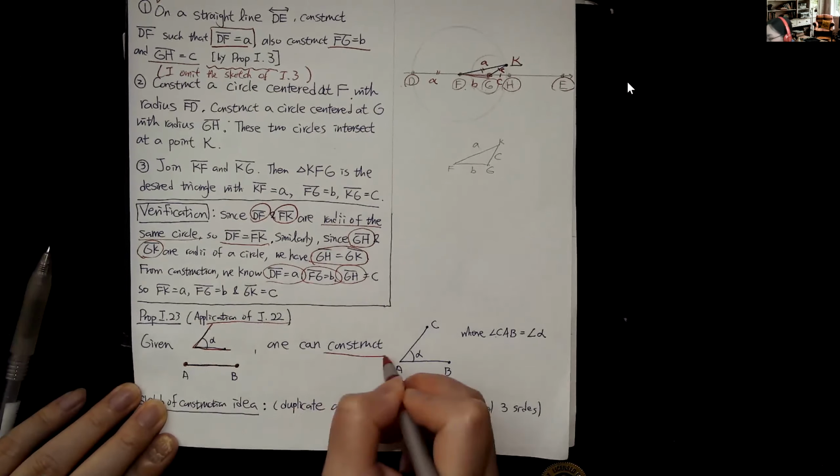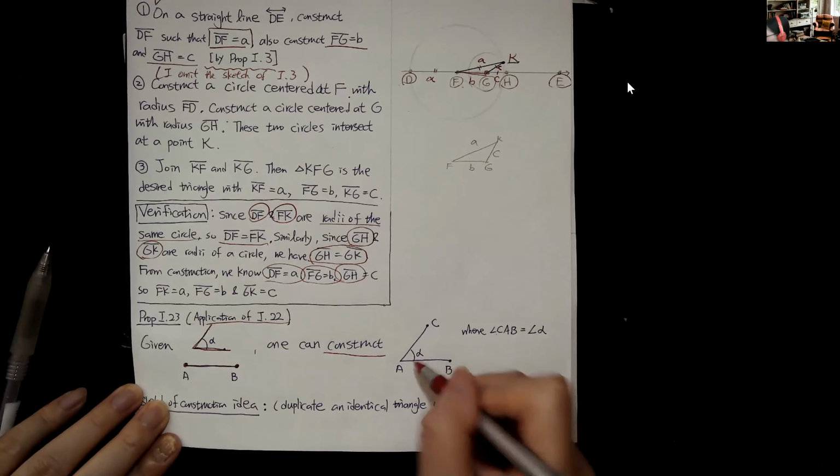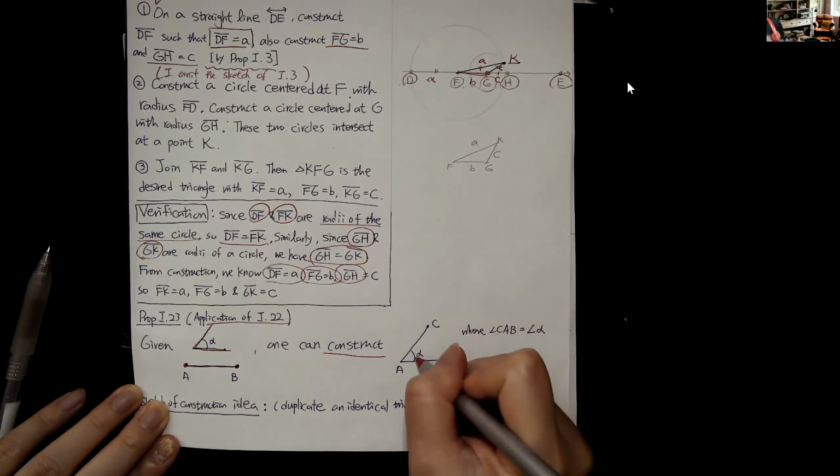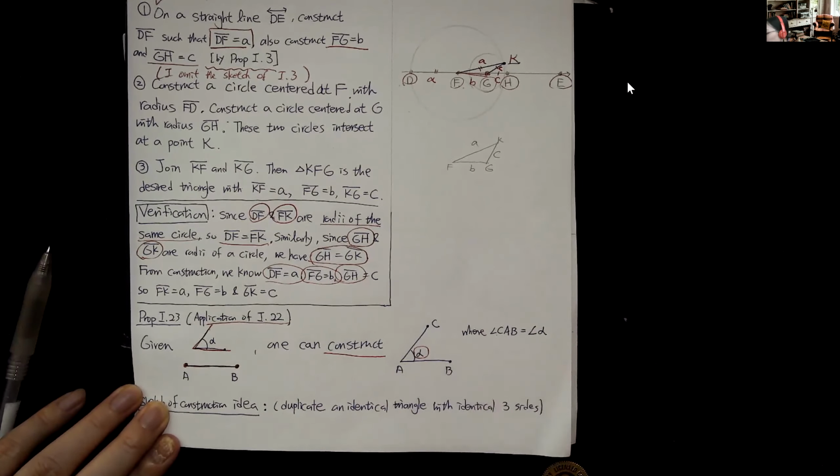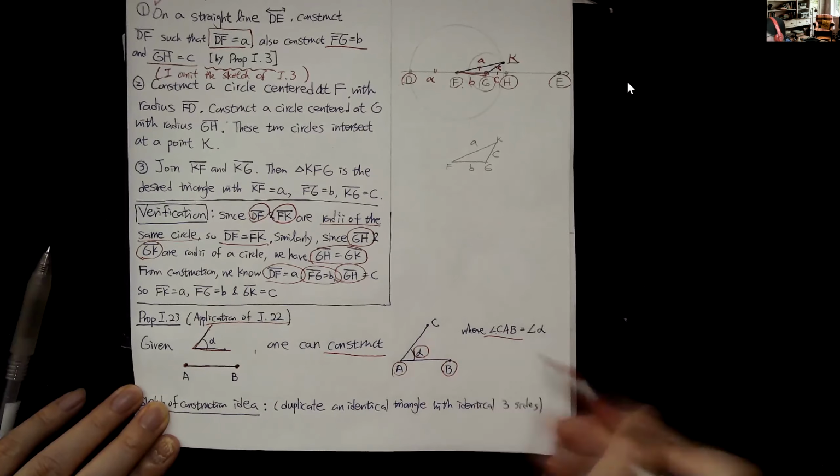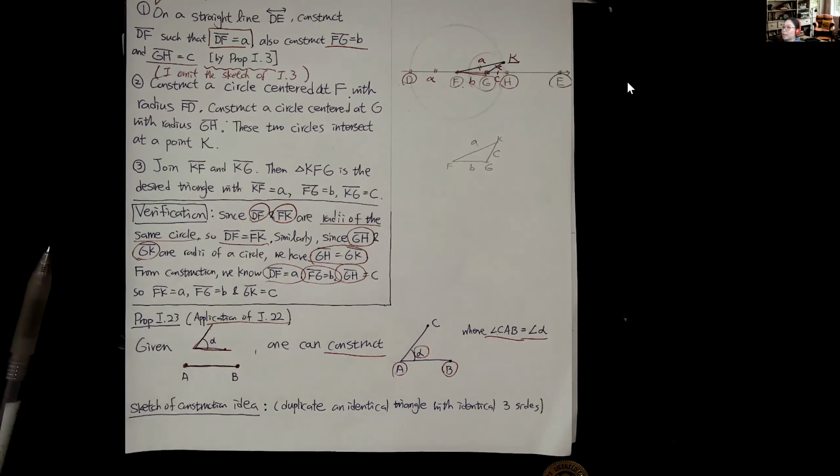You are able to duplicate angle alpha on the segment AB, so you can create an angle CAB that is the same as alpha.